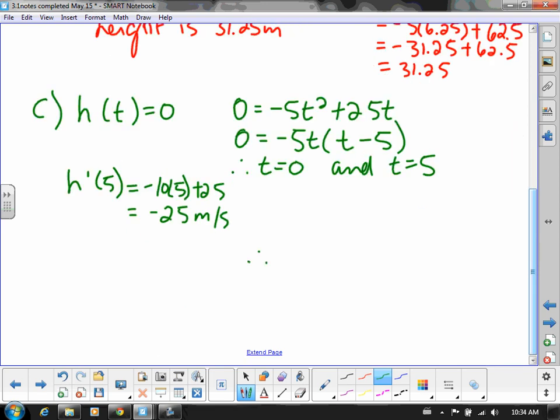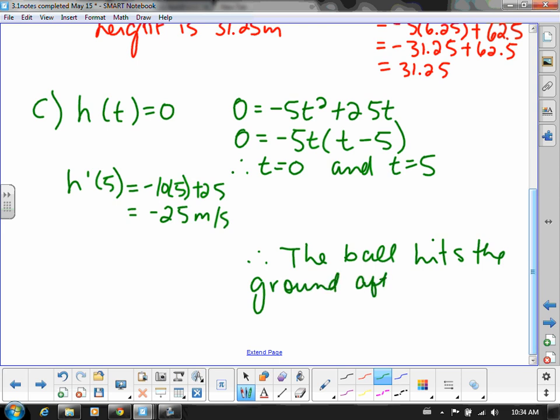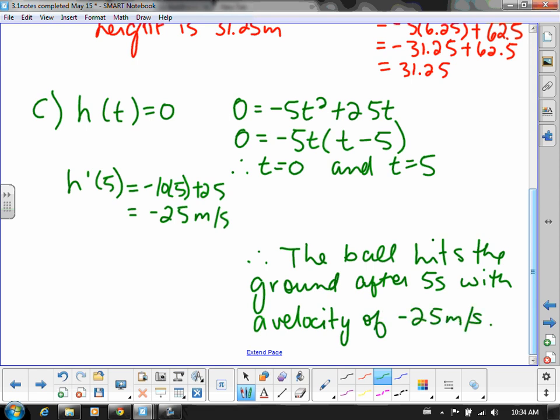So therefore, the ball hits the ground after 5 seconds with a velocity of negative 25 meters per second. Why negative? Because the ball was coming down. So the negative and the positive when we're talking about velocity is giving us the direction.